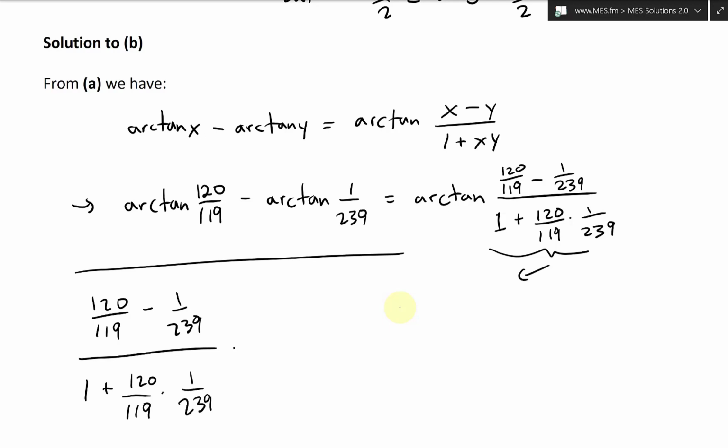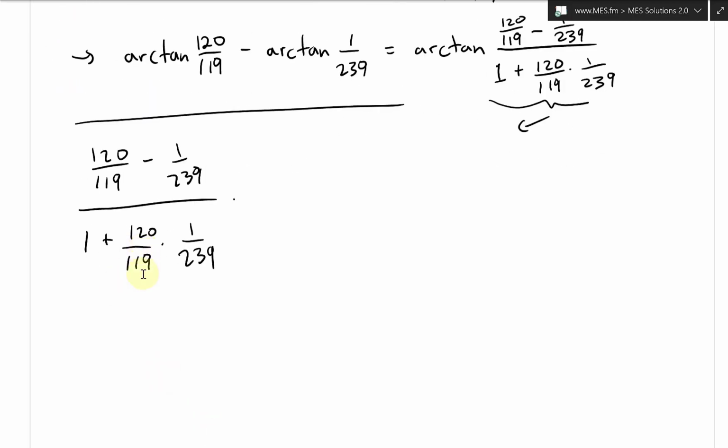And multiply this by the common denominator that we want, which is 119 times 239, and we're going to divide by that as well. That's at the bottom, so it all gets multiplied and canceled out. So 119 times 239, divided by 119 times 239. And now we're going to get a bunch of cancellations.